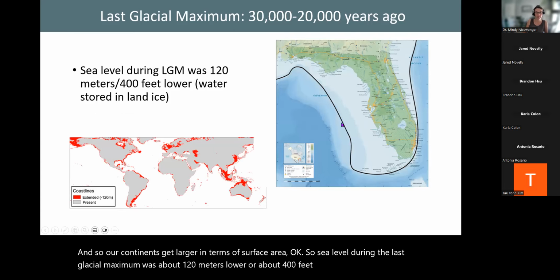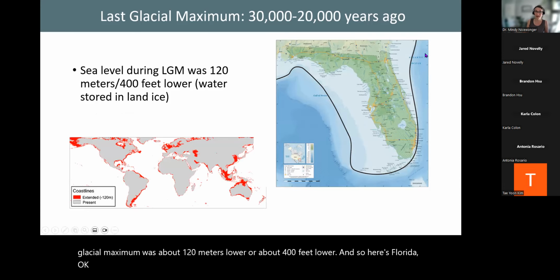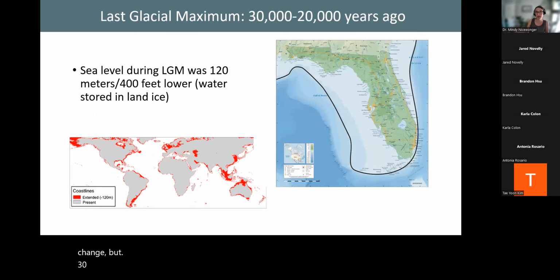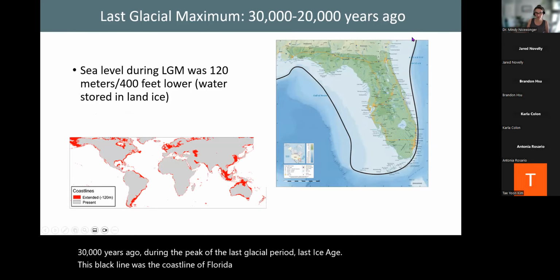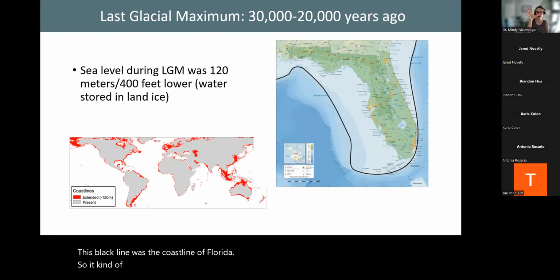And so here's Florida. Florida is facing many issues right now in terms of sea level rise because of climate change. But 30,000 years ago, during the peak of the last glacial period, last ice age, this black line was the coastline of Florida. So it gets smaller and bigger as the sea levels are changing.